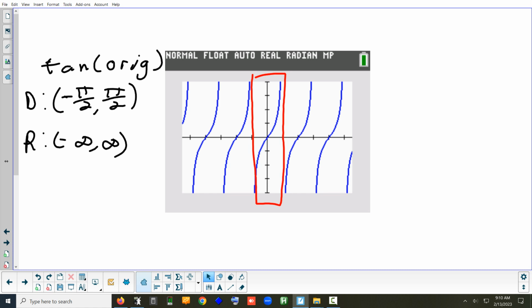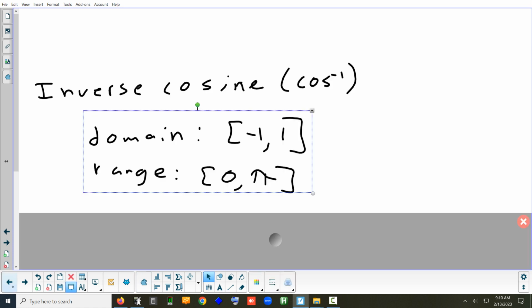So what do you think happens in inverse tangent? We're going to have horizontal asymptotes. So instead of having a vertical at negative pi over 2 and pi over 2, we're going to have a horizontal at negative pi over 2 and pi over 2. And I'll show you what the graph of this one looks like in a second.